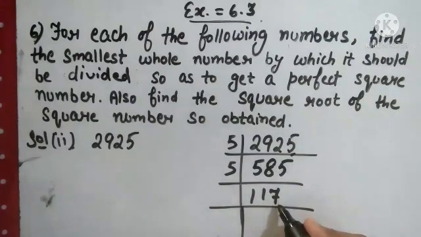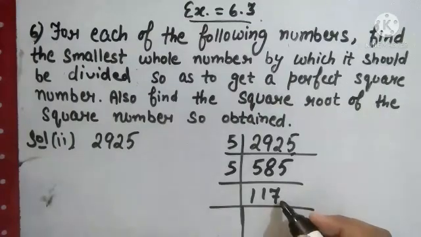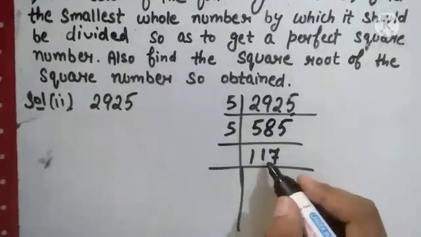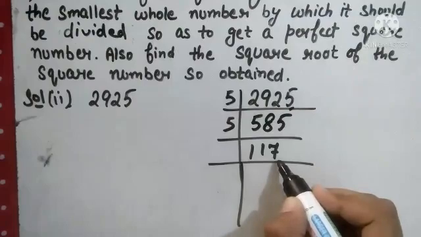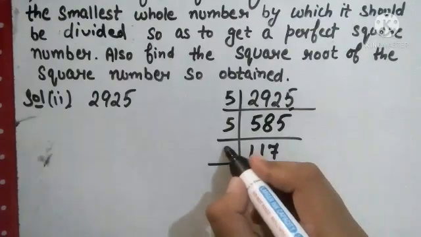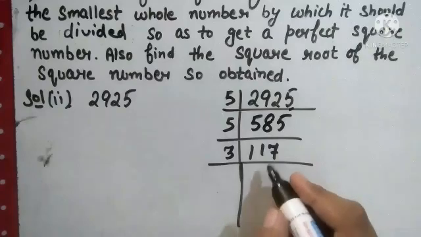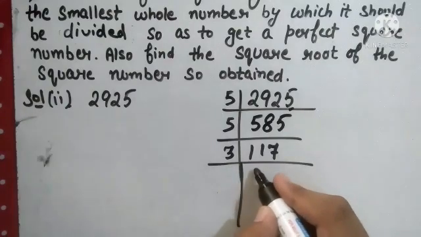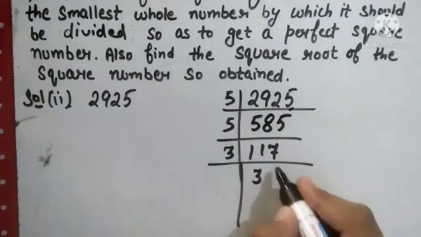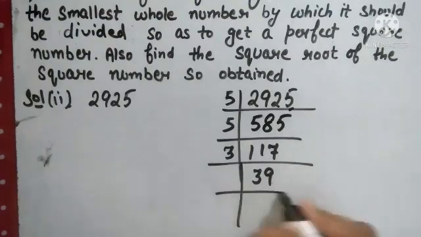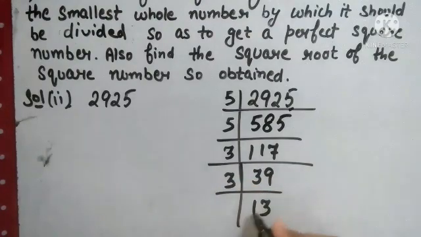Now this is not an even number, and it cannot be divisible by 5, so we have to apply the divisibility rule. 1 plus 1 is 2, 2 plus 7 is 9, means this number can be divisible by 3, because 9 can be divided by 3. So 3 threes are 9, 3 nines are 27, 3 ones are 3, 3 threes are 9, and 13 ones are 13.